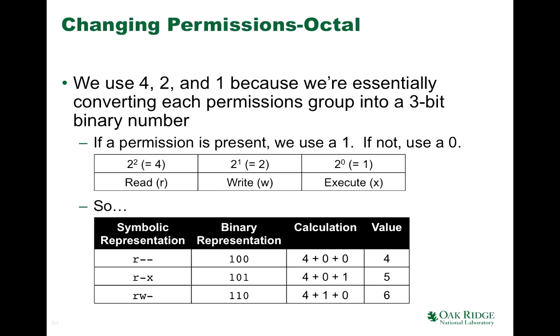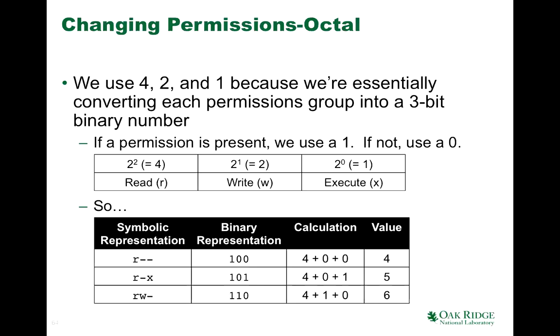This one explains it a little bit better. You're using 4, 2, and 1 because you're essentially converting that permission group into a 3-bit number. So 2 to the 0th for the rightmost permission, that's execute. 2 to the 1st for the middle position, which is write, and 2 squared for the read position, which is the leftmost position. So that's where the 4, 2, and 1 come from.